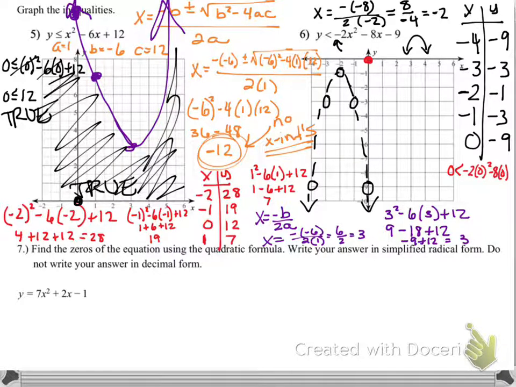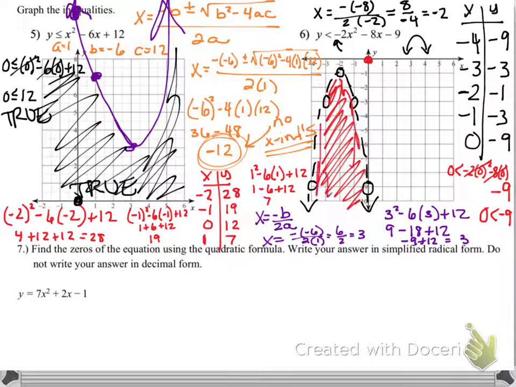Just eliminate your A and B term, and you're just left with your C term. So is 0 less than -9? No. So I have to shade on the part on the inside here because the outside is not the solution. So everything on the inside of this parabola is a solution. And if you don't believe me, plug in a point, it will work.